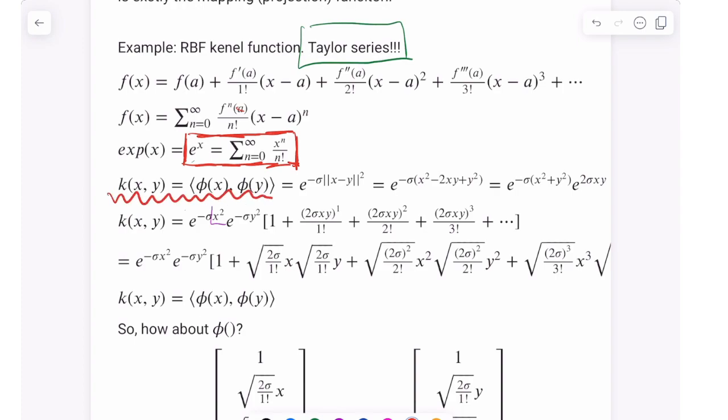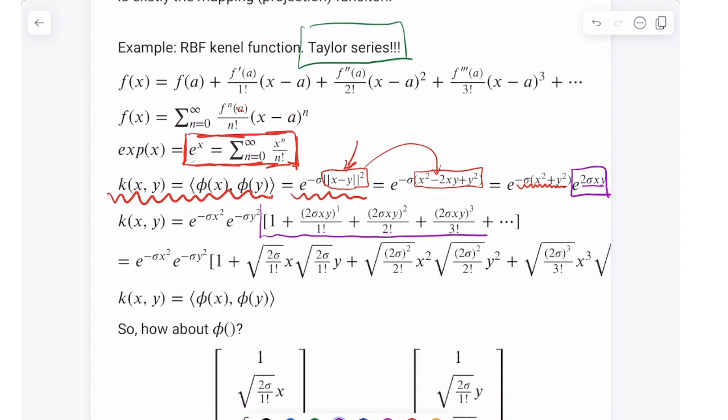If the kernel function we write here, and the mathematician tells us that it should be defined as this one, and we further do some calculation, this one is exactly as this one, and we put all the x squared and y squared right here, and the result would be, here we have another one right here. Okay, so this purple part is exactly the same as this purple part because of the Taylor series. And we put the red parts right here.